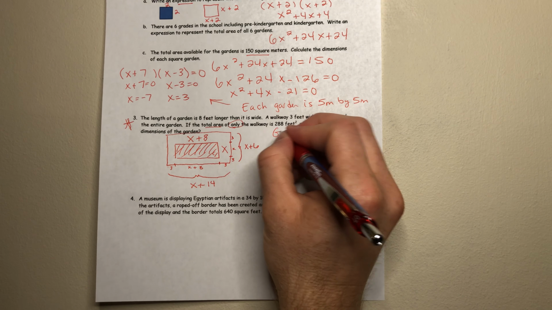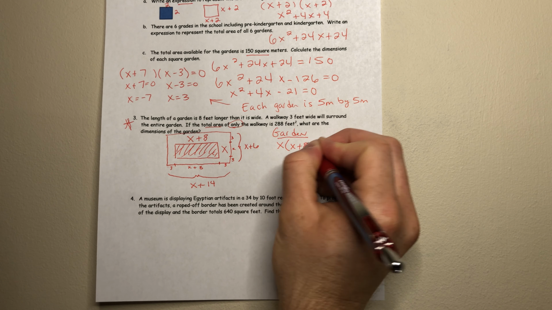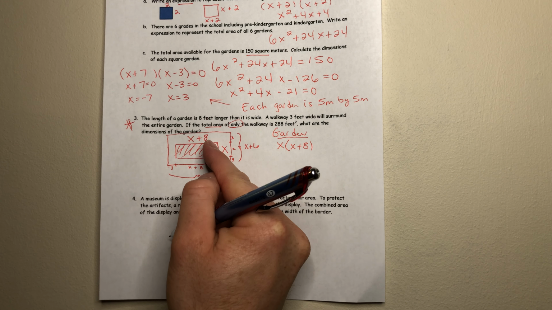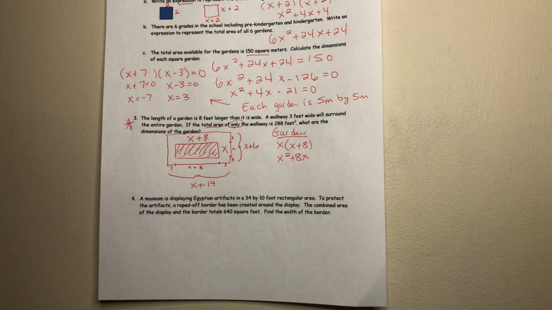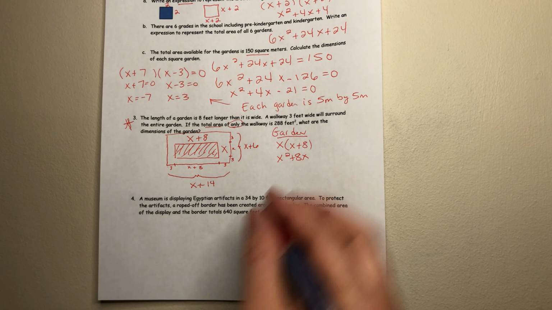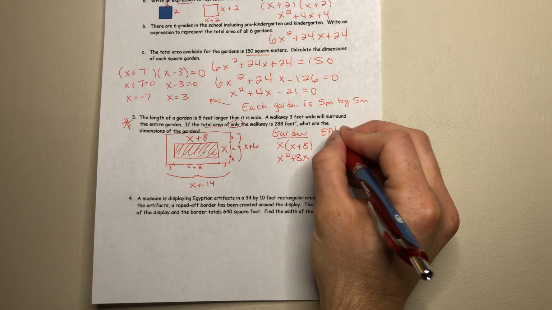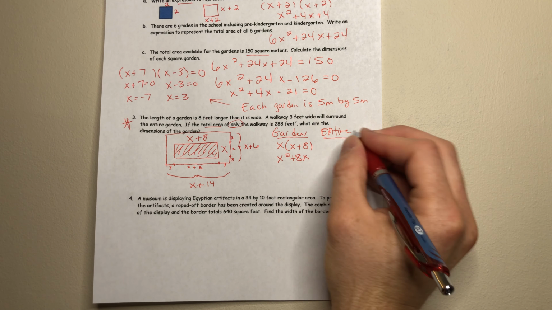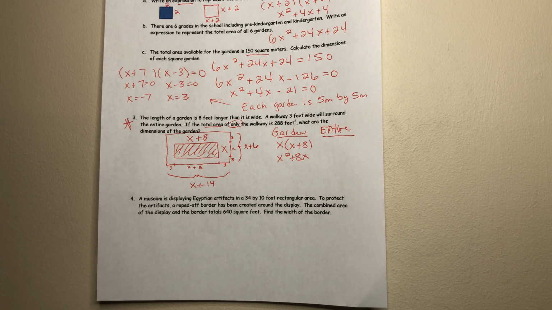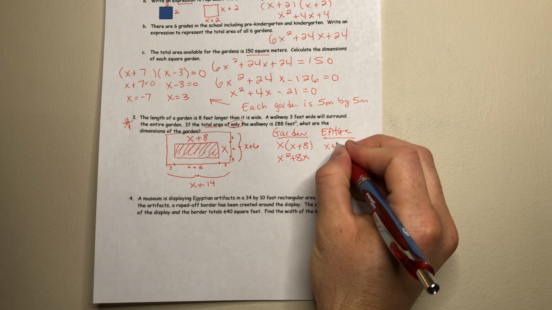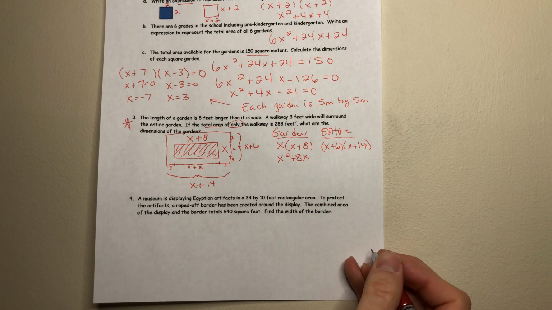Well, the area of the garden is x times x plus 8, or length times width. So that's x squared plus 8x. The area of the entire plot, the garden plus the walkway, is x plus 6 times x plus 14.